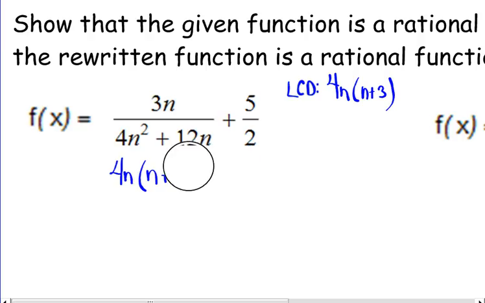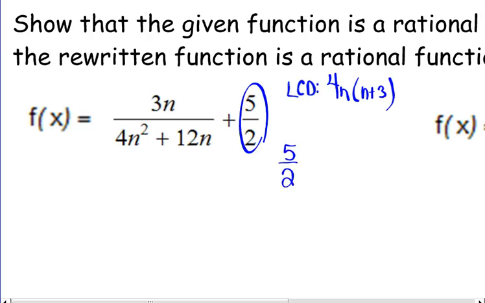Next thing that I need to do is make equivalent fractions. Okay, this right here needs to be a fraction with the correct least common denominator. So that's going to be 5 over 2 times what gives me 4n plus 3. Real quick, let's see. I need another 2n plus 3.